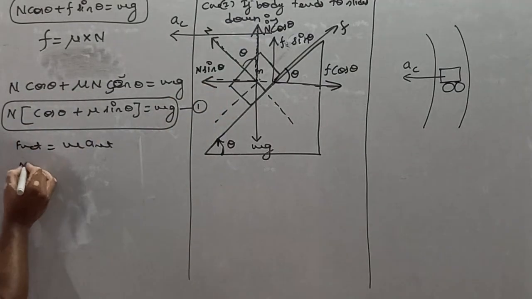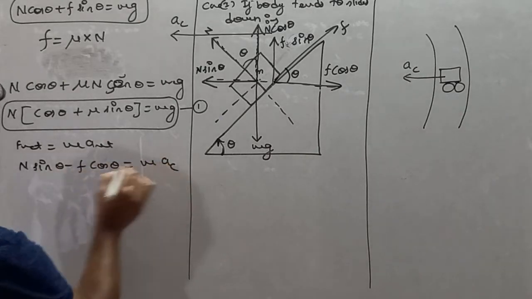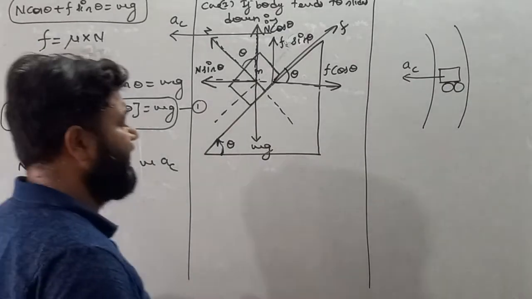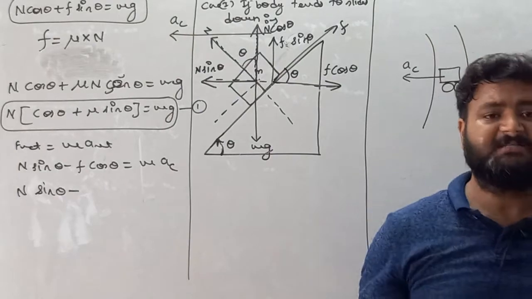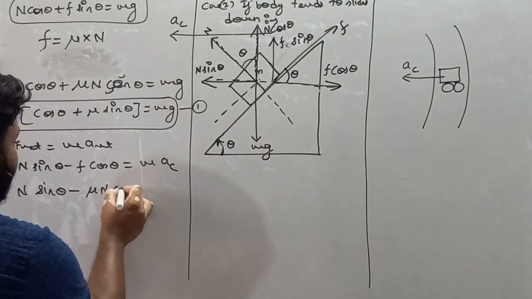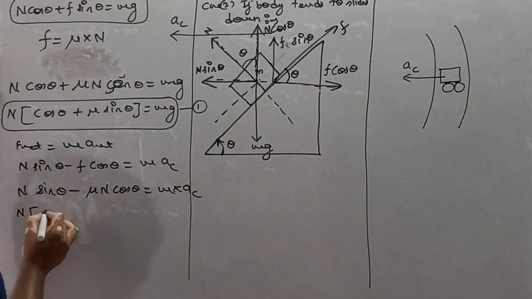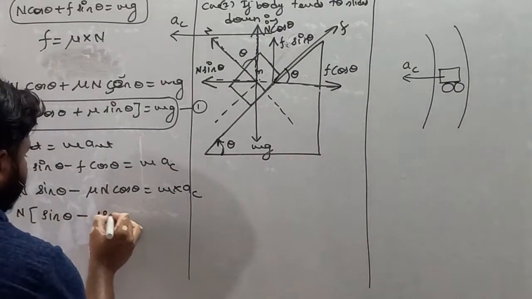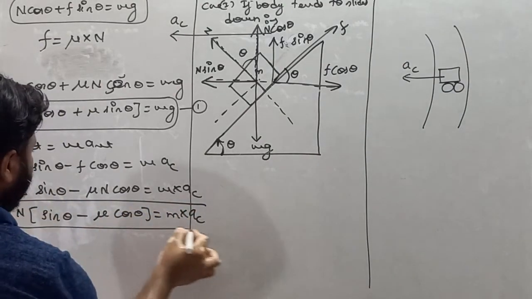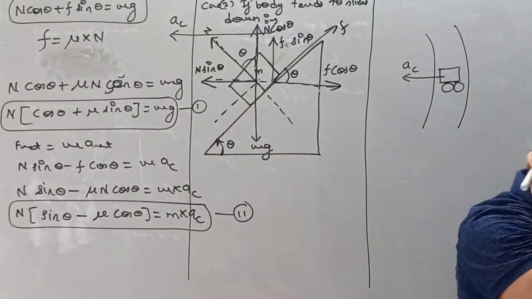So the net force is N sin theta minus F cos theta equals m into a_c. Instead of friction, as the nature of friction is static, we can write mu into N. So N sin theta minus mu N cos theta equals m a_c. Now again taking N common, we get N (sin theta minus mu cos theta) equals m a_c. Let's suppose this is our equation number 2.